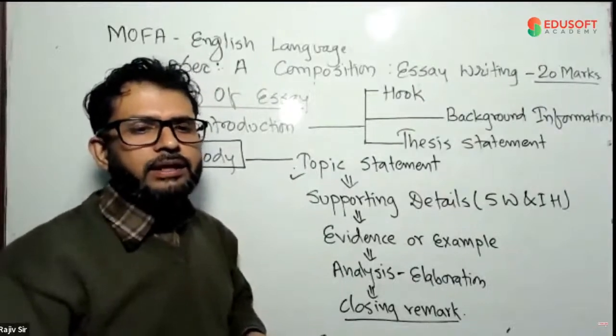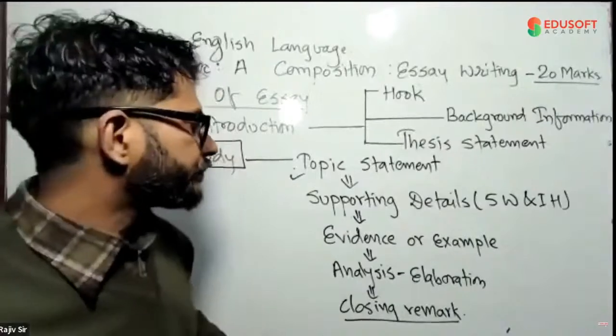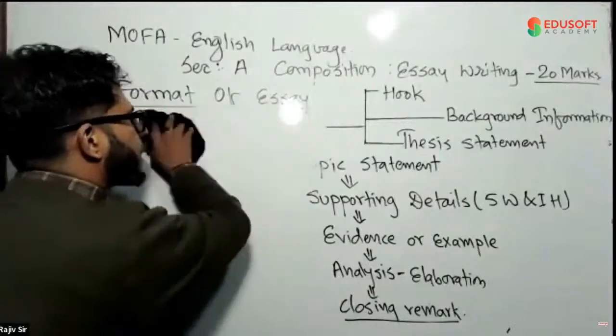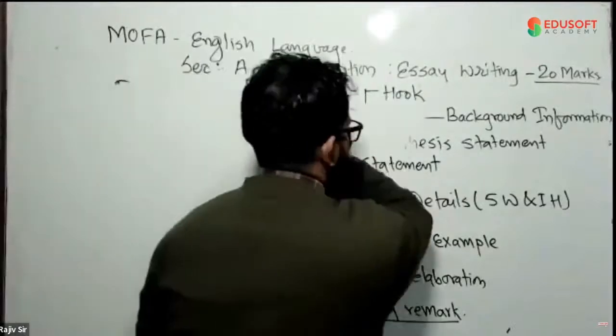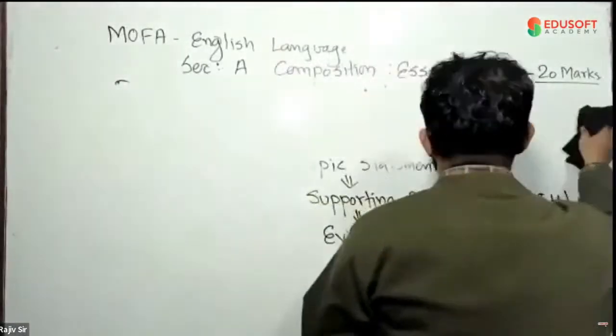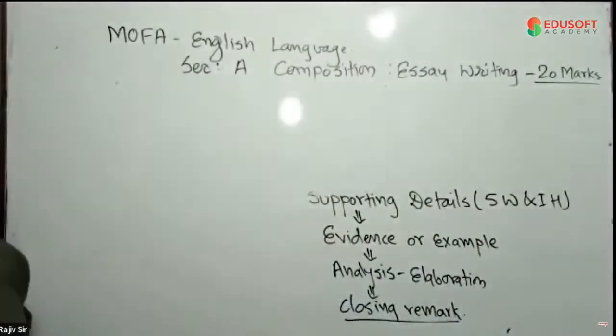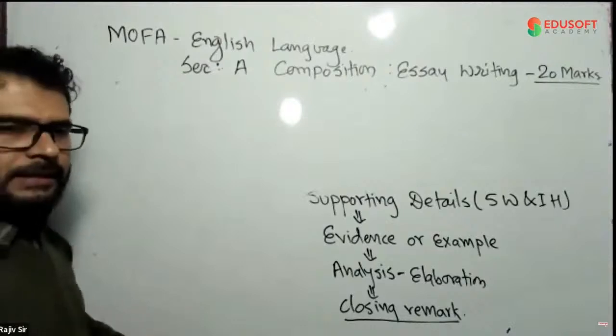Can you tell me what things you are going to write in your conclusion? In every body paragraph you are going to write these things. We are trying to see whether you have written them or not.